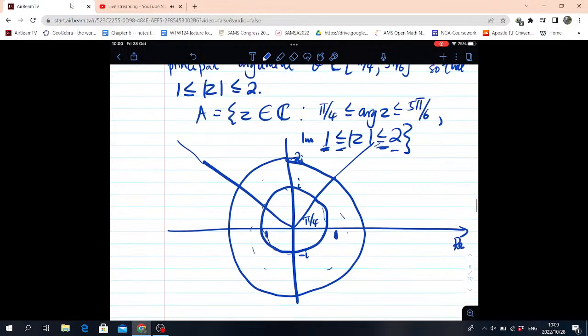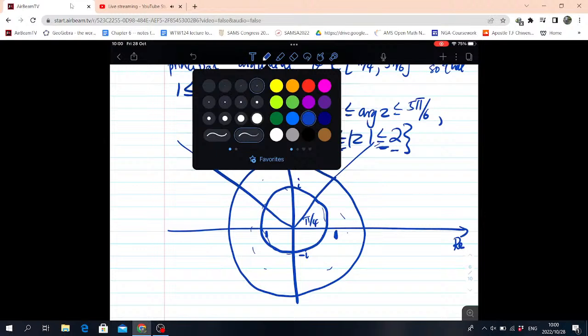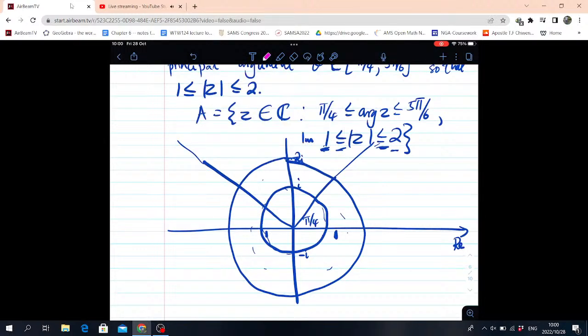So maybe let me use two different colors to illustrate what we are talking about. For the modulus, we want all the points that are here, right? So those are the points that have modulus between 1 and 2. And then for the argument to be between pi over 4 and 5 pi over 6, let me use red.